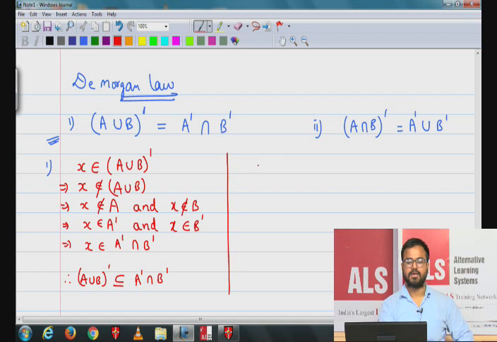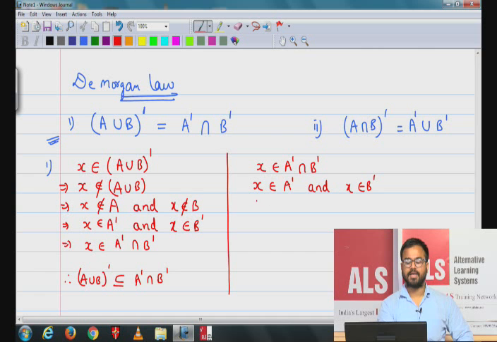Second thing, let x belong to A dash intersection B dash. So first we will say x belongs to A dash and x belongs to B dash.